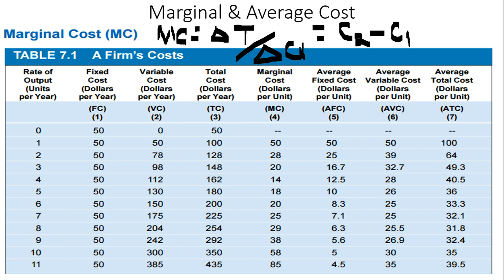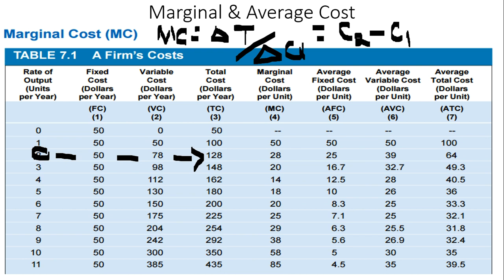When you increase production from 0 units to 1 unit, our cost has increased from 50 to 100. Therefore, the marginal is the difference between cost 2, which is the 100, minus the 50. Then you get the 50 as your marginal. When you produce output number 2, our cost has increased from 100 to 128.